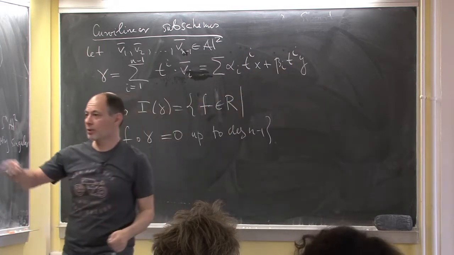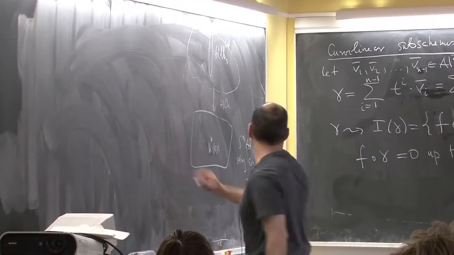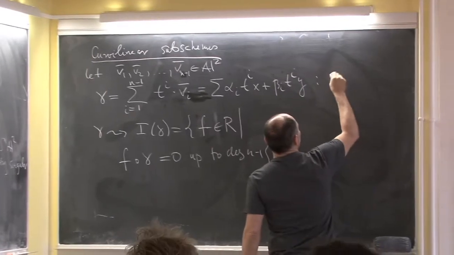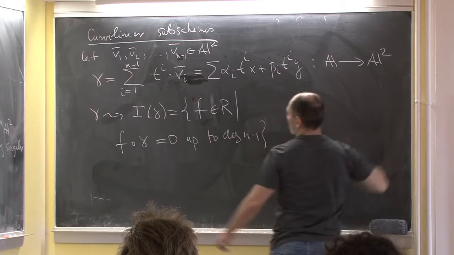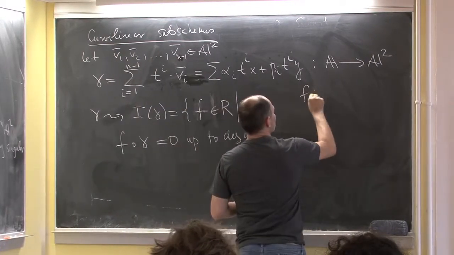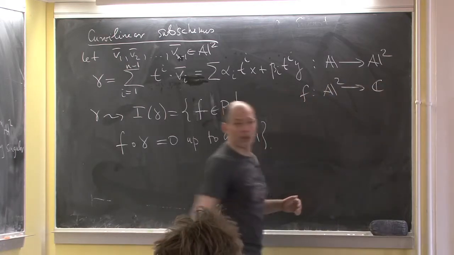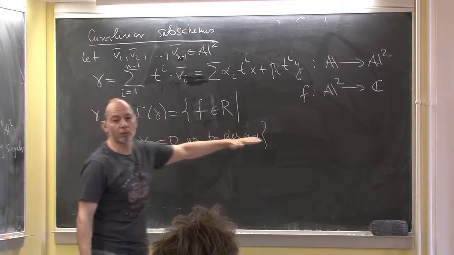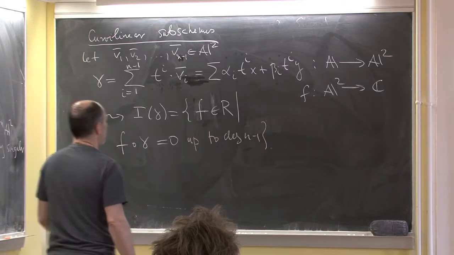So you think of this gamma as a map from A to A2. And then the function in the ring is, of course, a map from A2 to the numbers. And then you just compose them. You create an ideal which is 0 up to degree n-1.